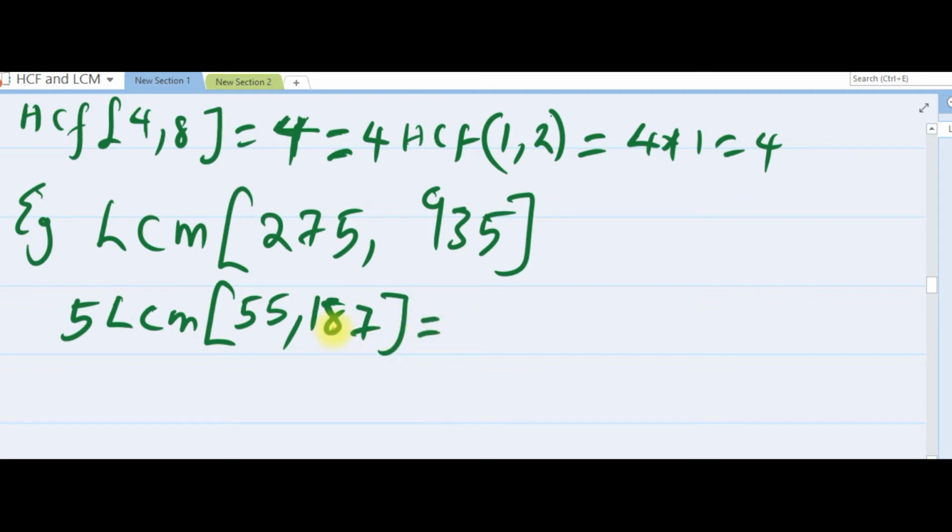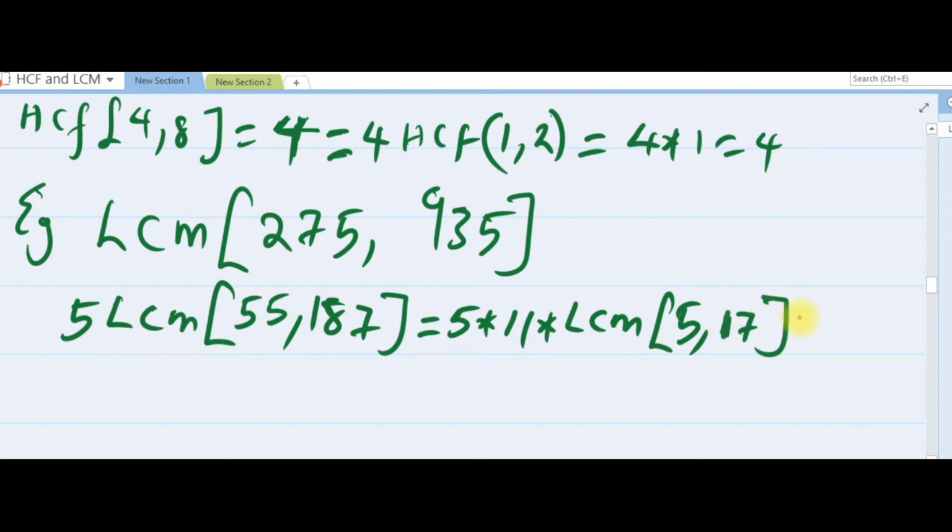Again, you notice that for 55 and 187, something is common. If you check, 11 still divides both. So we can still bring out 11, times the LCM of what is remaining. 55 over 11 is 5, and 187 over 11 is 17.